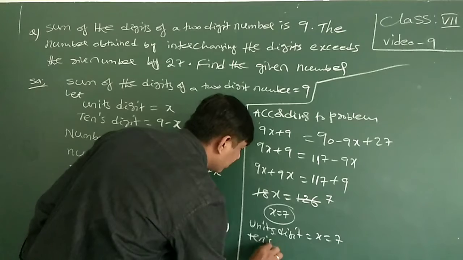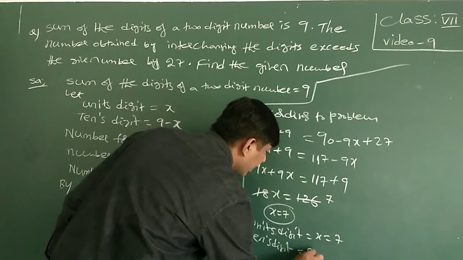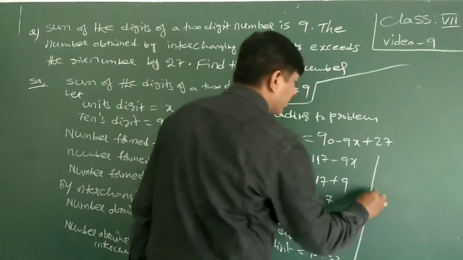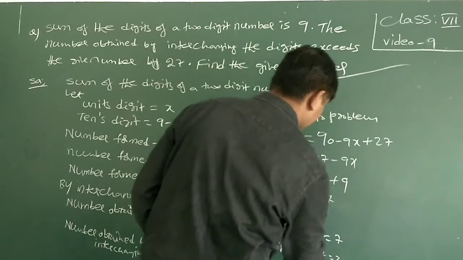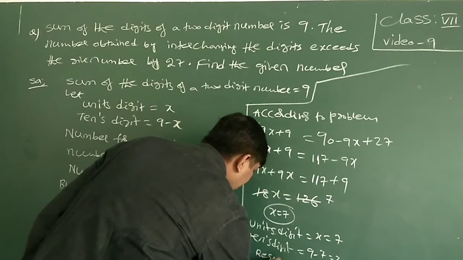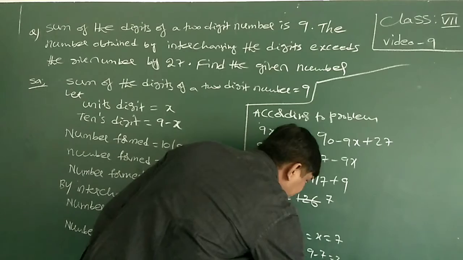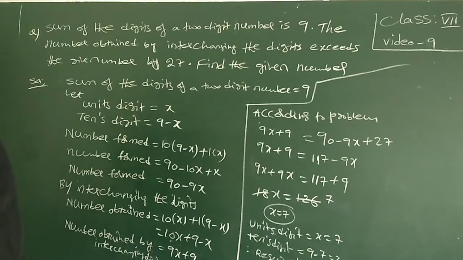Tens digit is equal to 9 minus 7, which is 2. Therefore, the required number is 27.